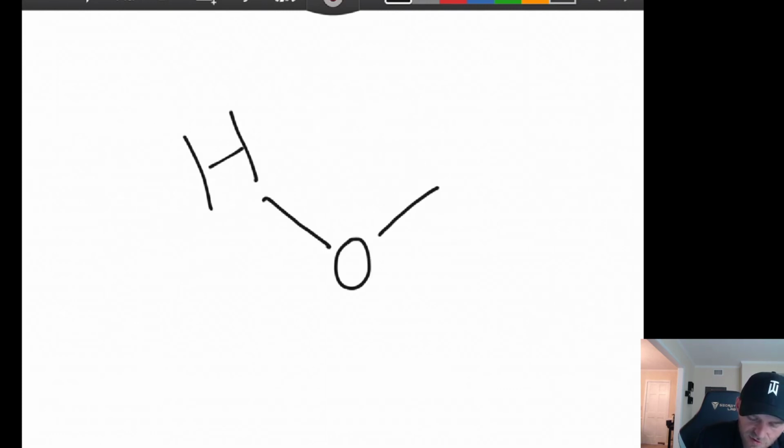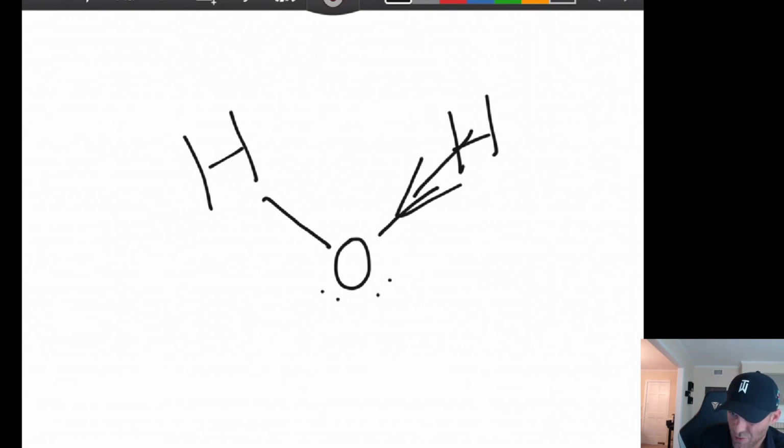Let's do H2O. I think that one will be a little more visible. Okay, so lone pairs there. The hydrogen only has 2 electrons, so it's fulfilled. All right, there is essentially only 1 electronic domain going that way, so that makes it linear. We don't worry about that.